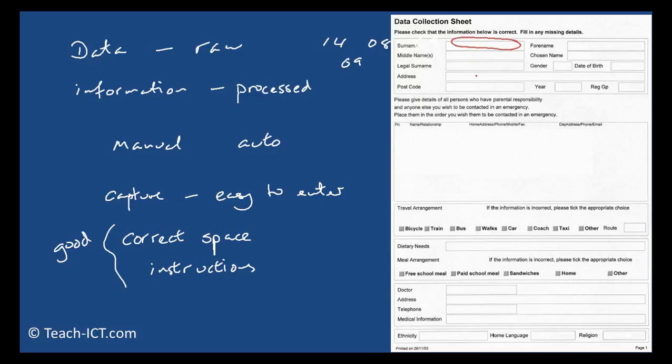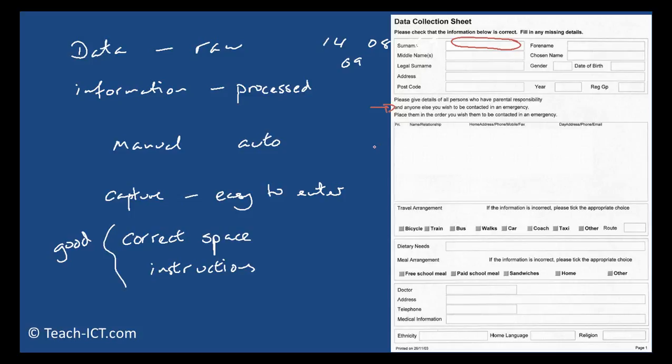I think you'd struggle not to fill in your surname in that box unless you've got those posh double-barreled ones. You can see that it looks kind of fine. There are some problems with this form that I'll come back to. But once again, you can see here that we've got nice, clear instructions about what to be filled in. So that's, we would think, a reasonably well-designed form.